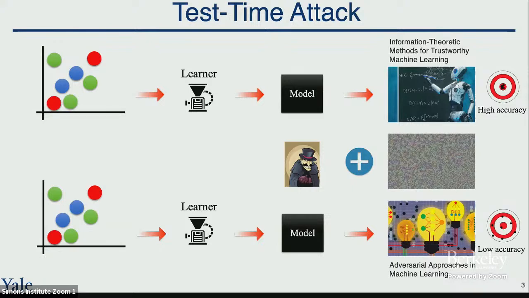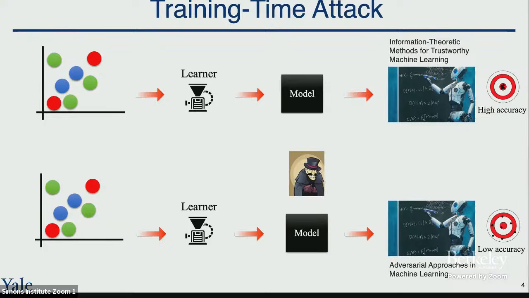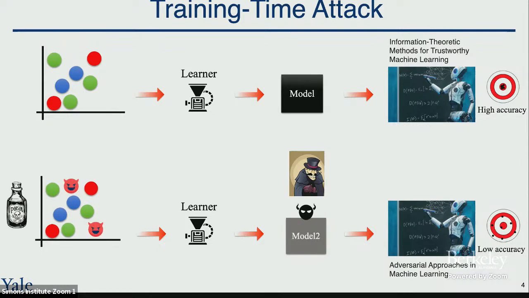So the goal is to have low accuracy. What I'm going to talk about today is a training time attack. The goal is the same. The adversary wants to confuse the model. It wants to make sure that you make a mistake, but it doesn't have access to the model. So what does it do? It's going to poison the training data.